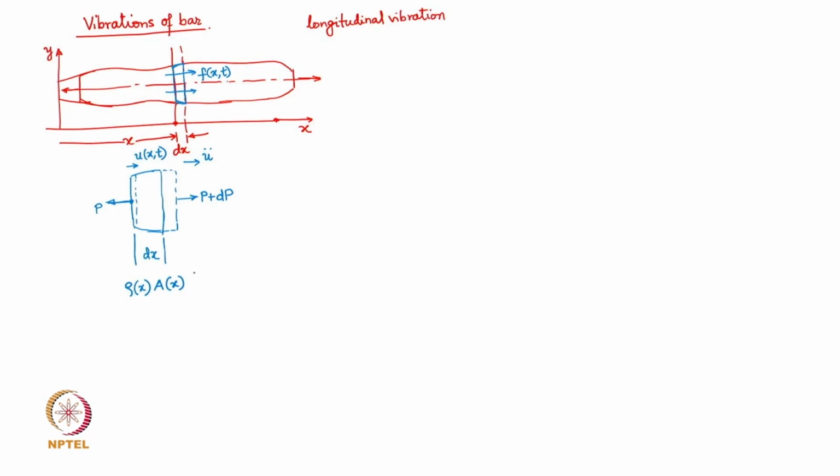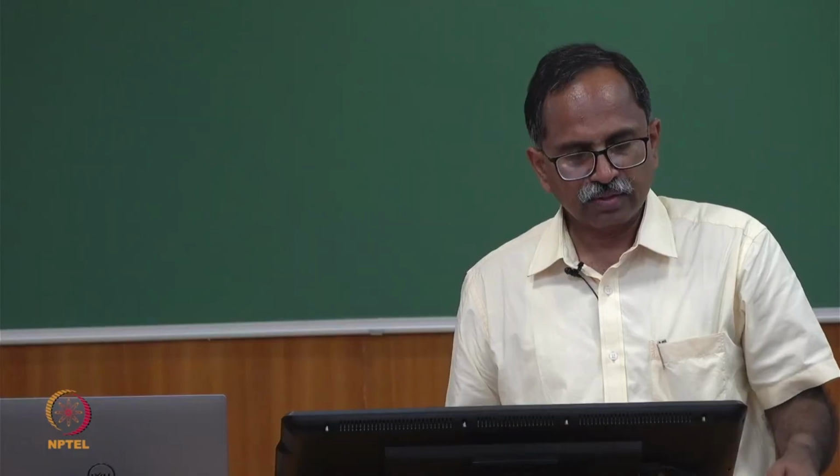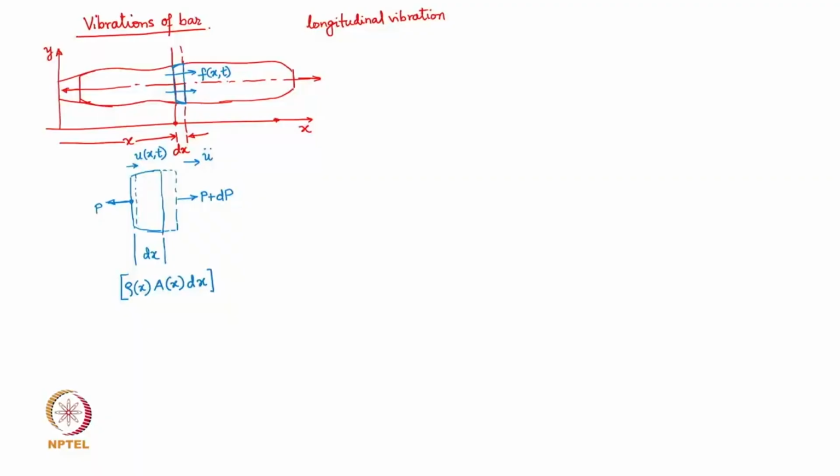So this is going to be the mass of this small element, rho(x) A(x) dx. Now rho(x) typically will not be a function of x for a rod of the same material, right? So rho may not be a variable, it will be a constant quantity, right? So rho is going to be constant, but as a general case I am writing this as rho of x.